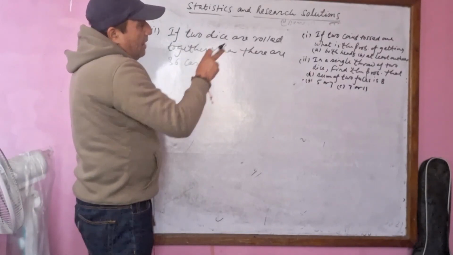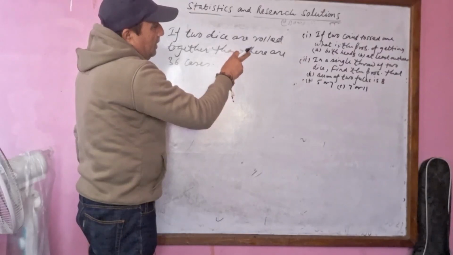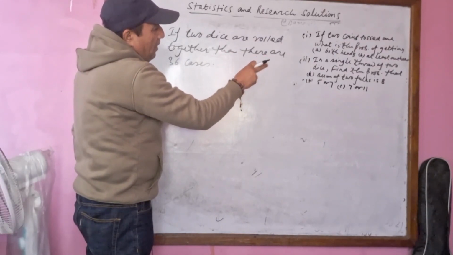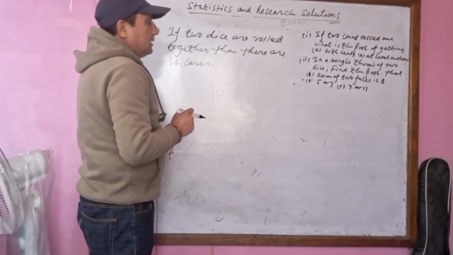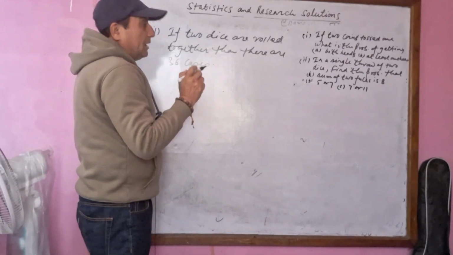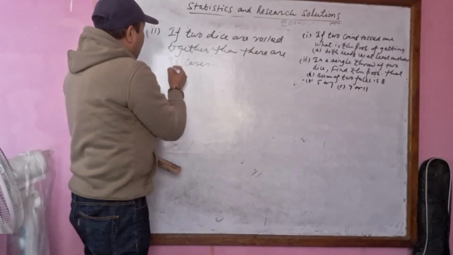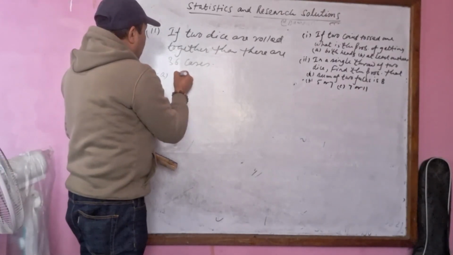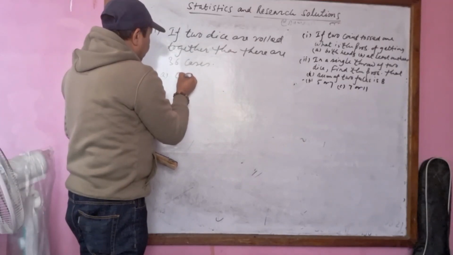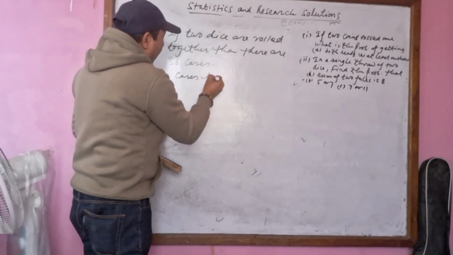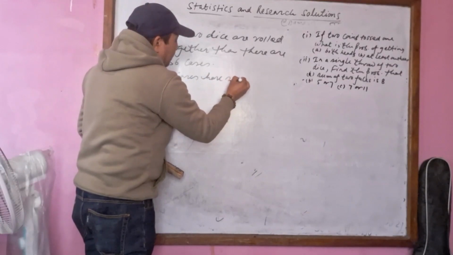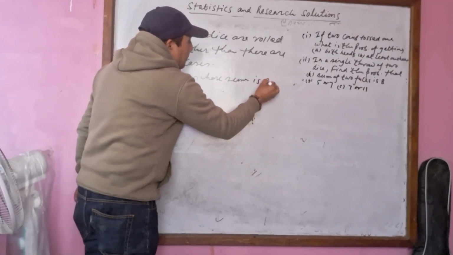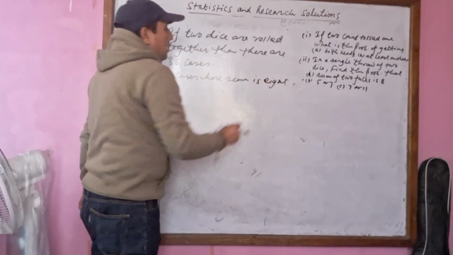Next, find the probability that the sum of 2 faces is 8. Now question A, cases whose sum is 8.